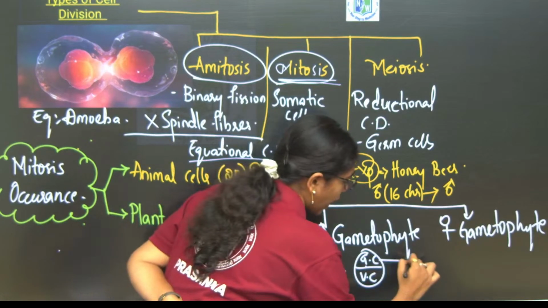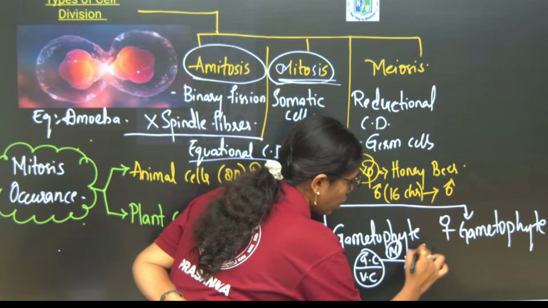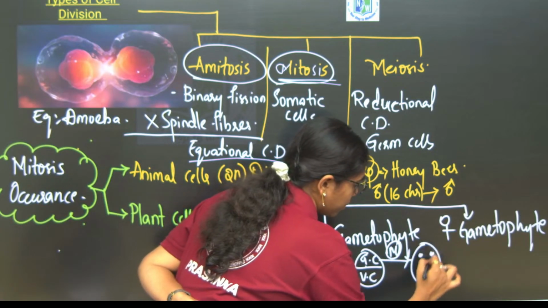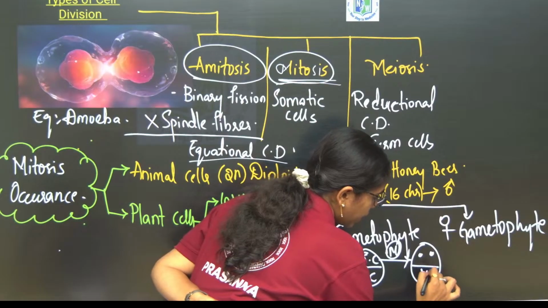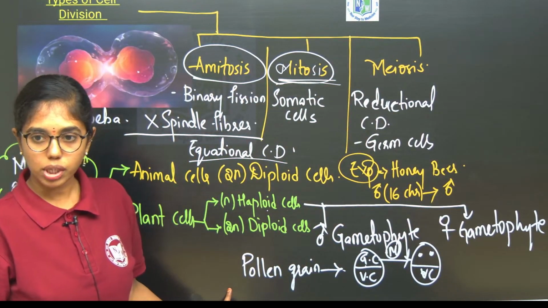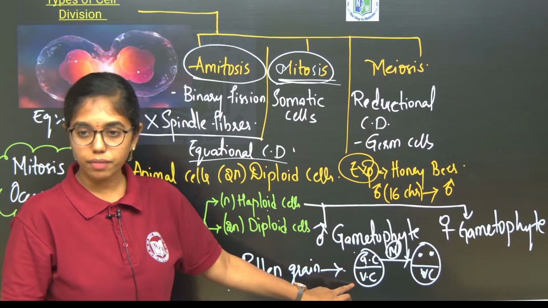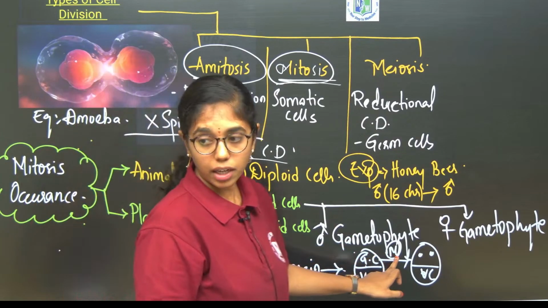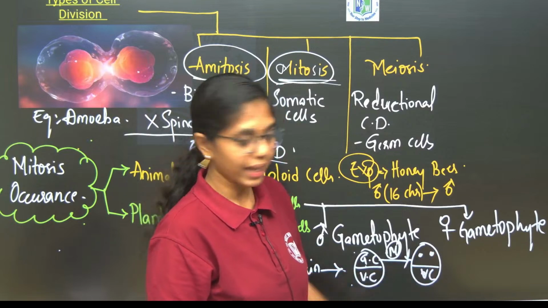And generative cell again undergoes mitotic division, forming out two male gametes, and here will be vegetative cell. Understood? So, in pollen grain mitotic division happens, it forms generative cell and vegetative cell. Generative cell again undergoes mitosis, forming out two male gametes.